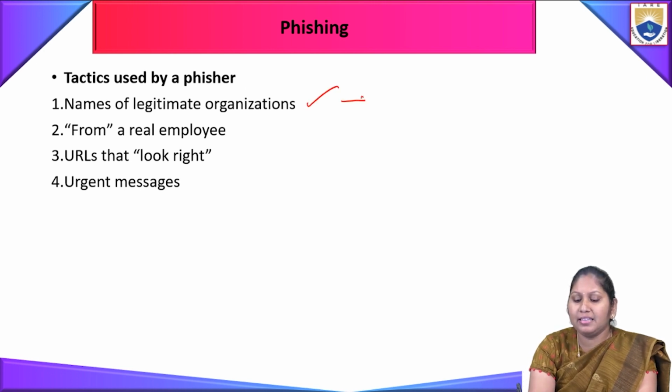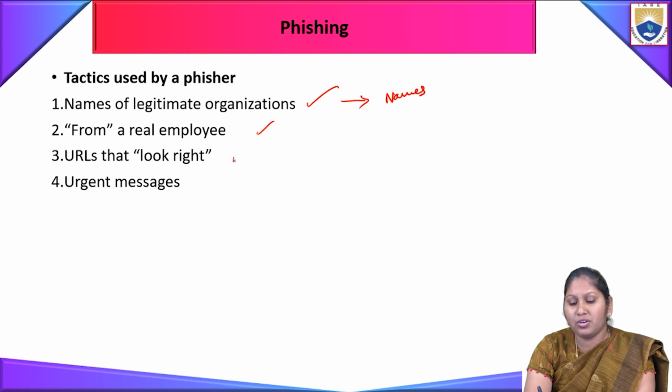They'll collect the names of legitimate organizations from a real employee, URLs that look right, and urgent messages. So they'll make the situation very crucial, where they have to pay some amount or give information about themselves. So these are some tactics used by the phisher.